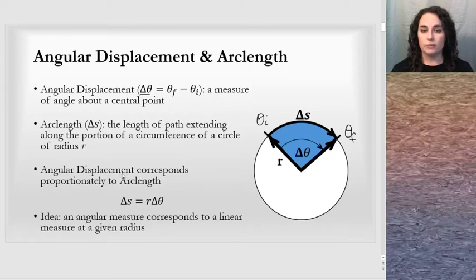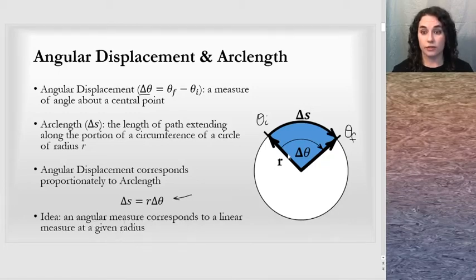This angular displacement corresponds to an arc length. For an object on the outer rim of the circle, it traverses a portion of the circumference, and it's related to the angular displacement by a factor of r.